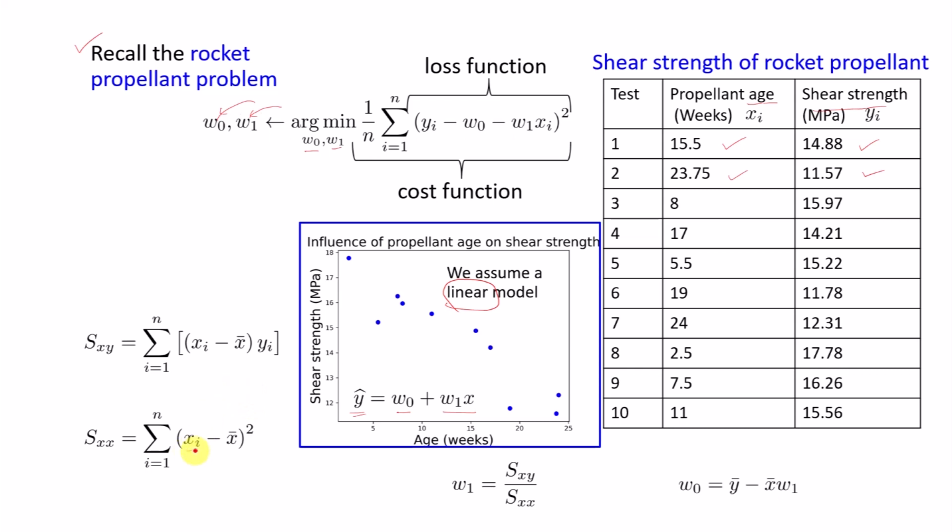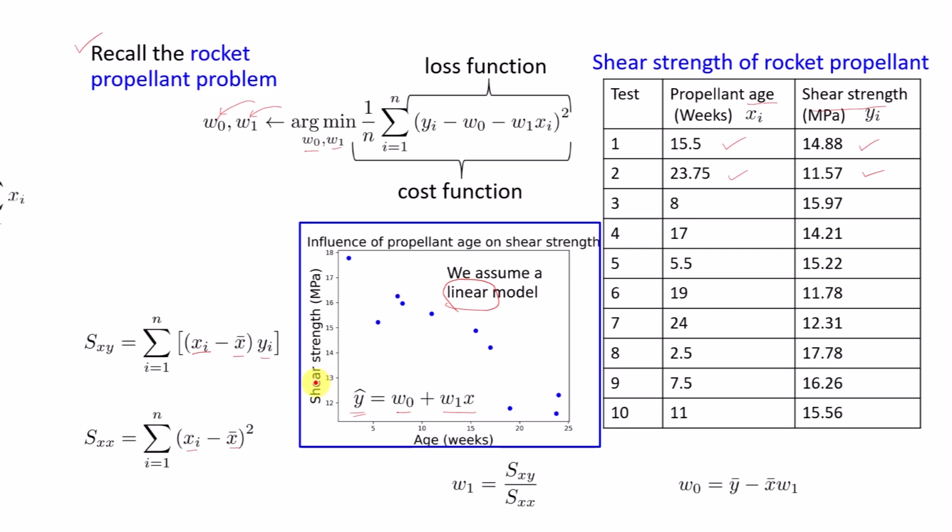Sxx is summation of xi minus x bar whole square, and sxy is summation of xi minus x bar multiplied by yi. You can write here yi minus y bar, that doesn't make any difference, but that is also a right expression. For this study, writing only yi is perfectly all right.